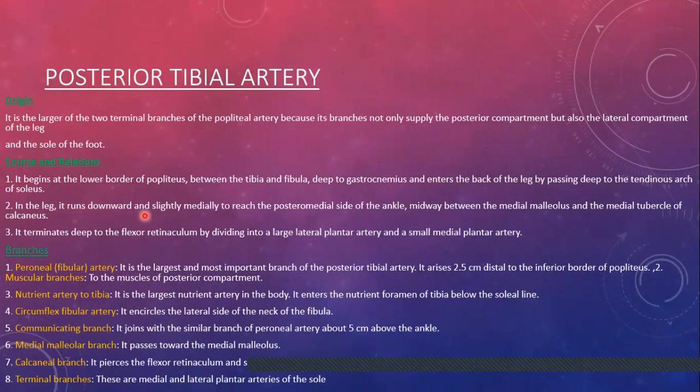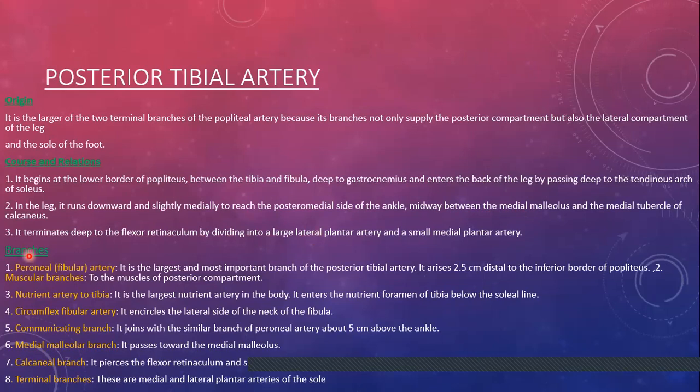In the leg, it runs downwards and slightly medially to reach the posteromedial side of the ankle, where it lies midway between the medial malleolus and the medial tubercle of calcaneus. It terminates deep to the flexor retinaculum by dividing into a larger lateral plantar artery and a smaller medial plantar artery.